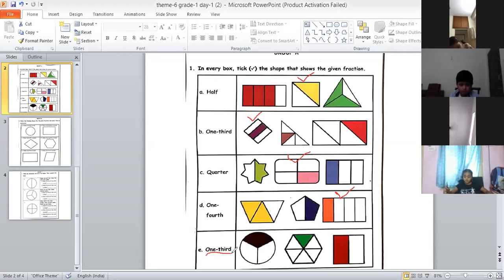Very good. Now we have to look for the shape which is representing the 1/3 fraction. Now tell me, the circle is divided into how many parts? 3 parts. And out of 3, how many are shaded? Only 1. So is this shape representing 1/3?